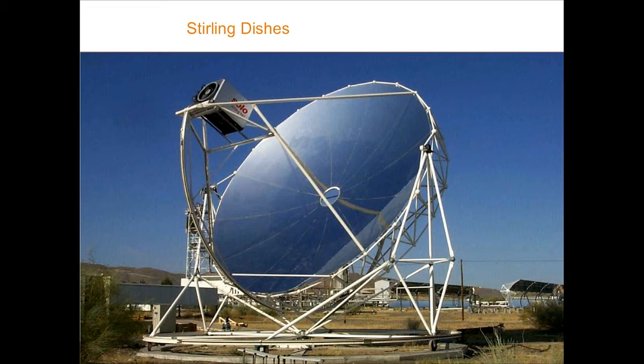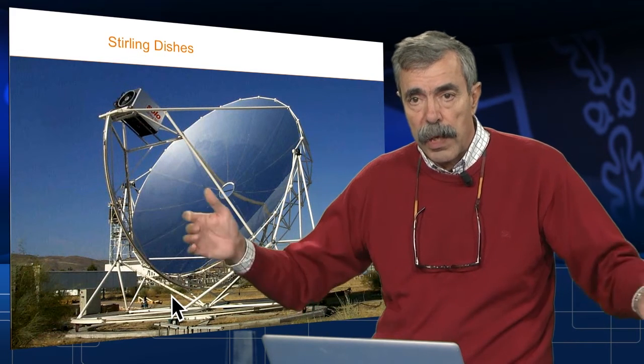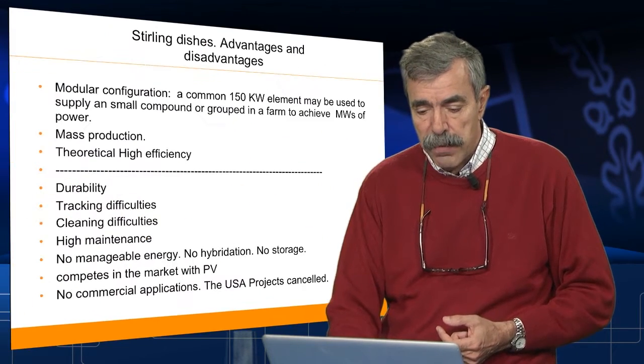And obviously that produces high maintenance, all these rotating structures and things like that. Remember that this is like 6 meters wide, so this is a heavy structure. So it requires a lot of maintenance.